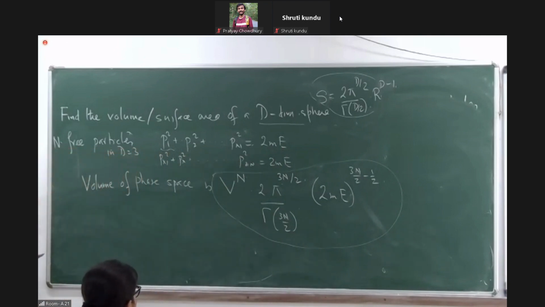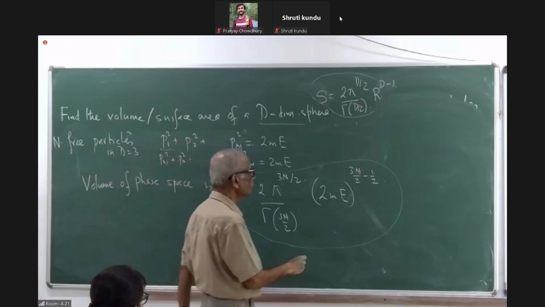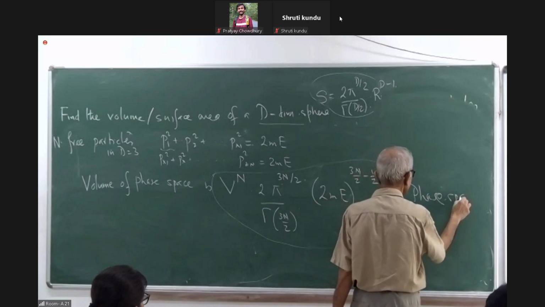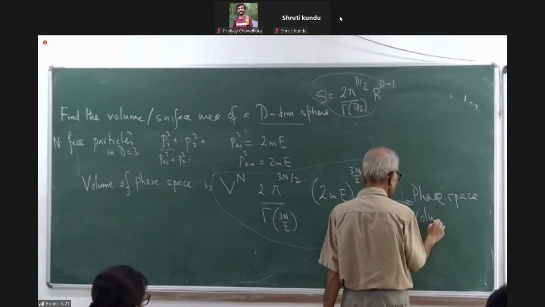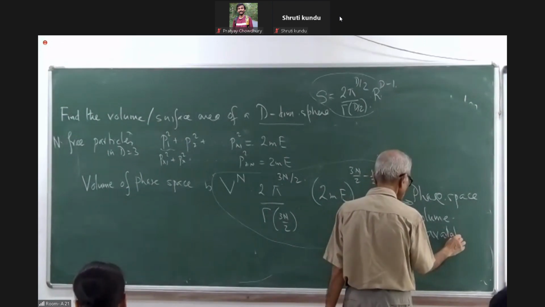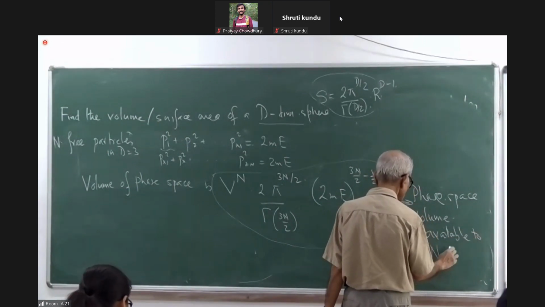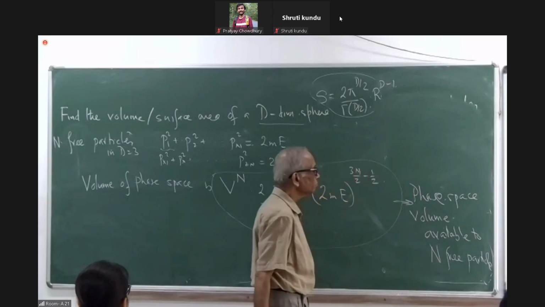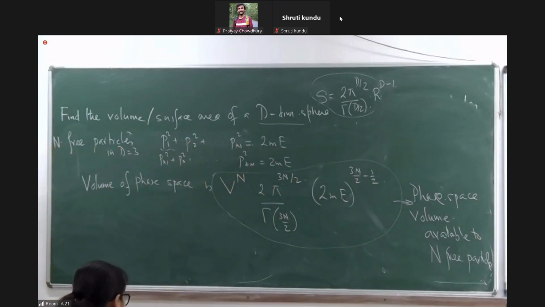So that's the volume available. So this is the phase space volume.